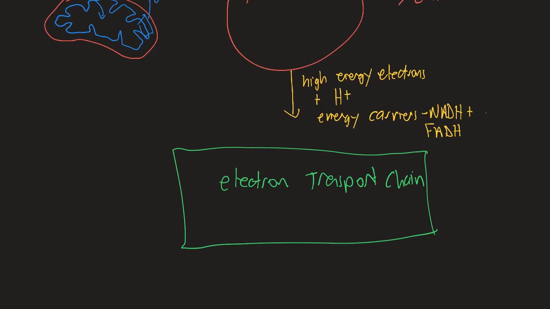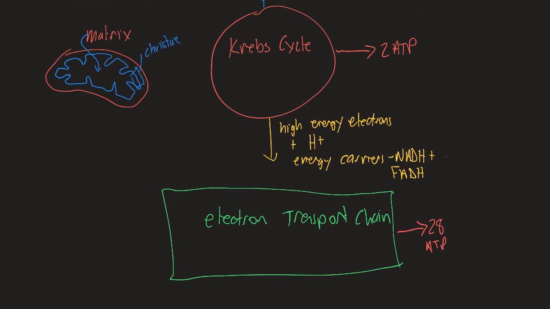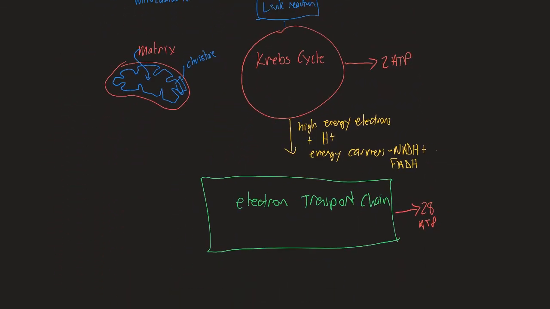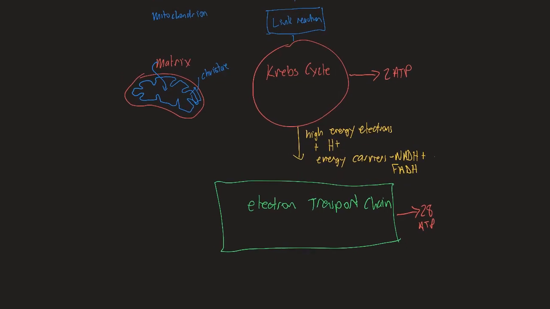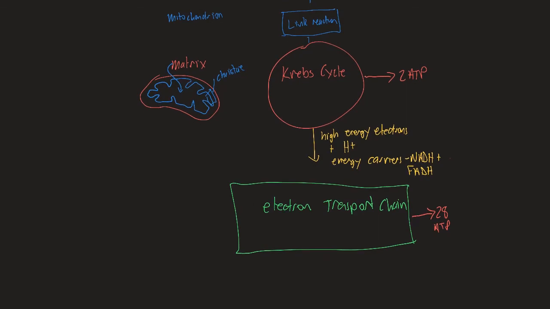The output here is quite a substantial amount of ATP, an additional 28 ATP, which is really quite significant. So in ideal conditions we can have up to 36 ATP being produced, a couple along the way and a substantial amount through the electron transport chain.